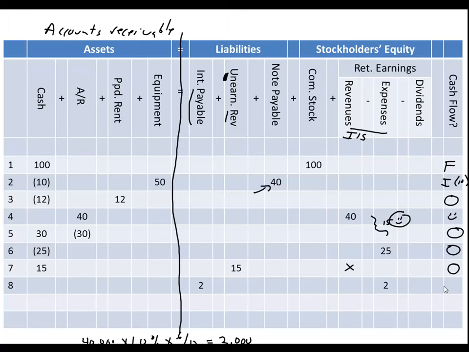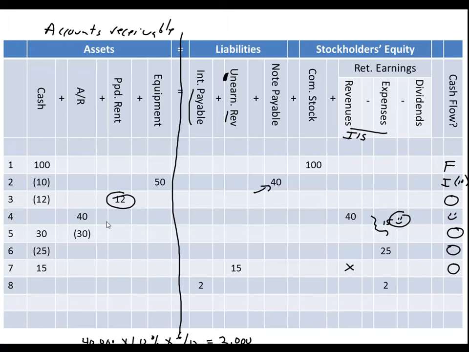The next thing that we have to recognize also has to do with the passage of time. Adjusting entries almost always have to do with the passing of time. And that has to do with this guy up here. Back on July 1st, we wrote our landlord a check for $12,000 to give us the use of this facility for the next 24 months. And what's happened?